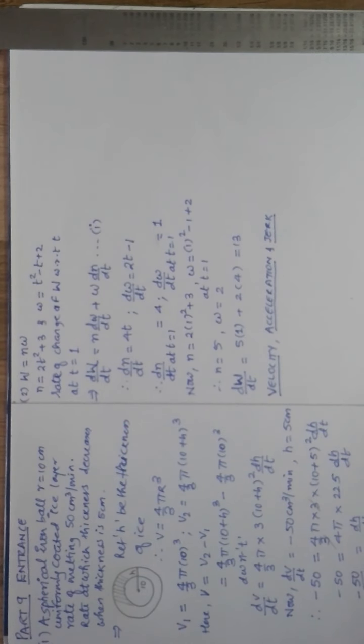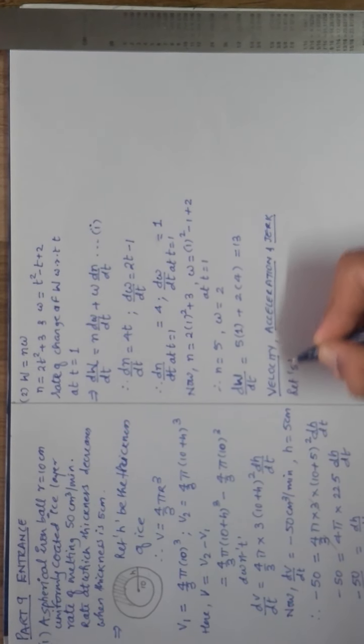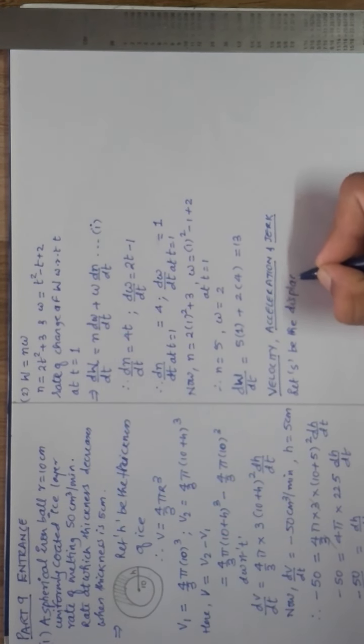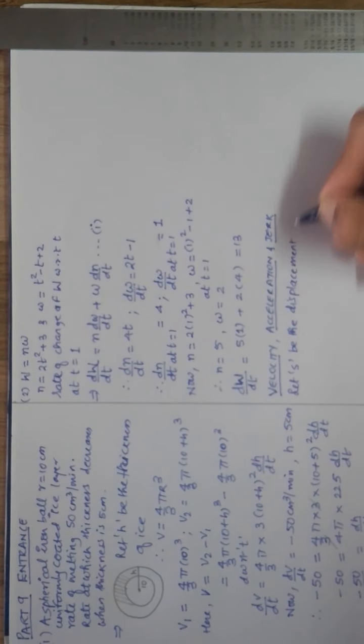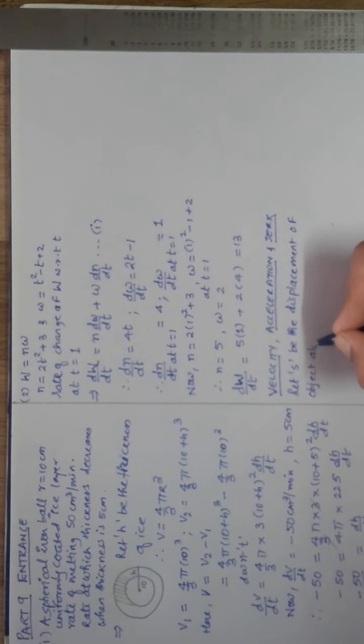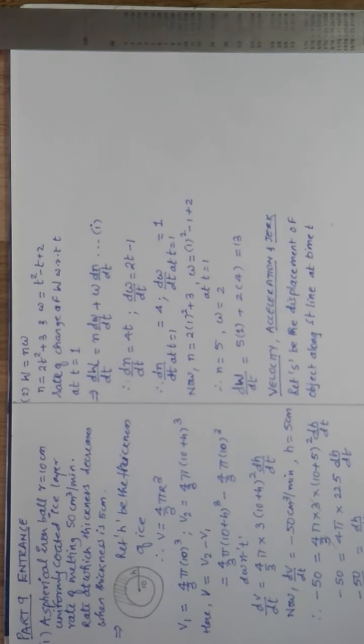Now coming to another interesting part. Suppose I am not reading the heading right now. Let S be the displacement of an object along a straight line at any time t. S be the, means I have taken S as the displacement of an object along a straight line at time t.